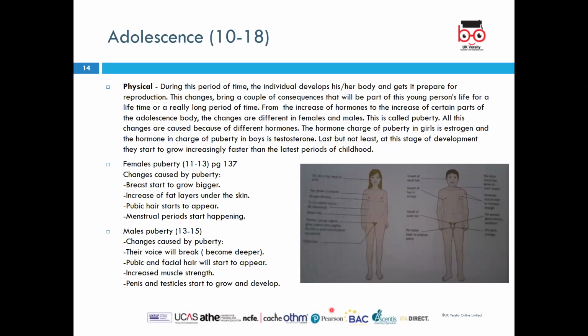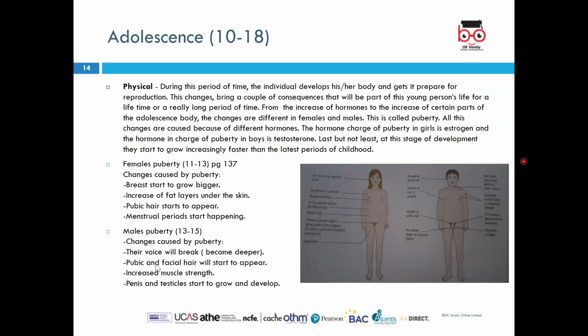Now they have a sense of their body. There are different hormones that impact the growth of their body parts. So this is known as the adolescent stage. There are different hormones for males and for females. Males is mostly testosterone, and for girls it is estrogen that has a part to play in their body development.